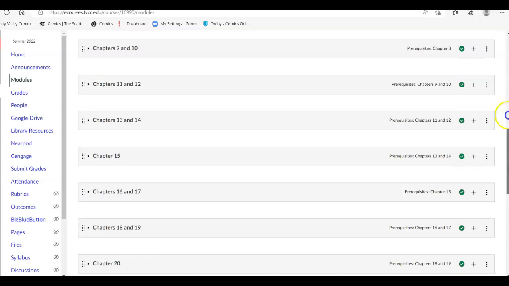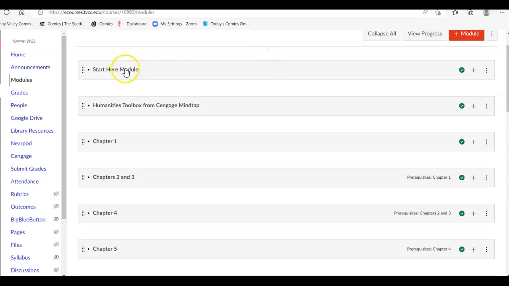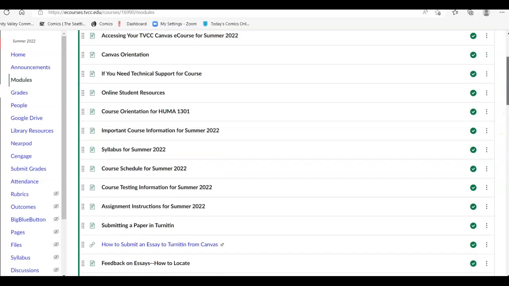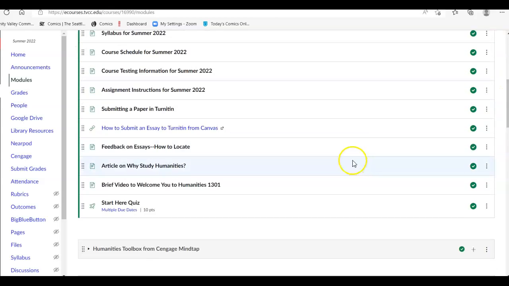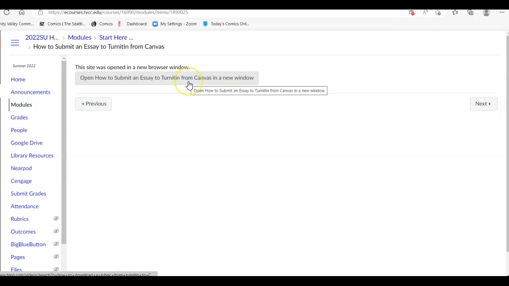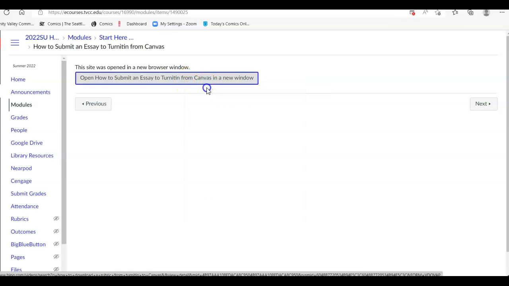What you also need to keep in mind is when you are submitting to Turnitin, there are steps that you can follow. And I have for you, under the Start Here module, which you were supposed to access the first day of class and review, a video here from a professor at the University of Kentucky. And if you click on this, again, I'll open it in a new tab.